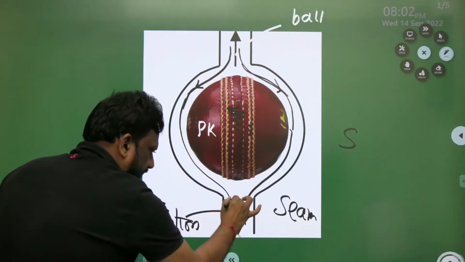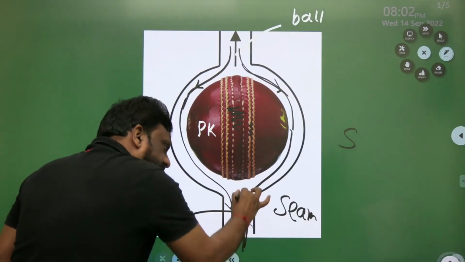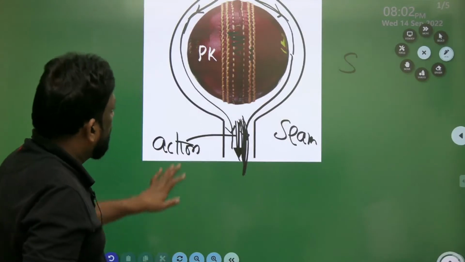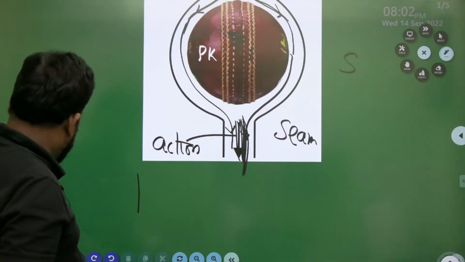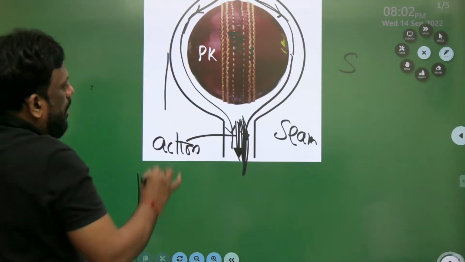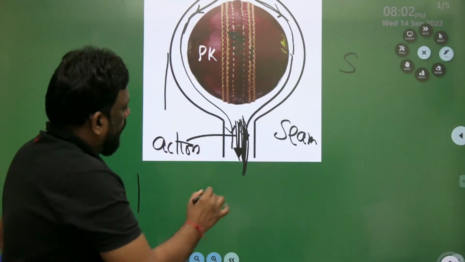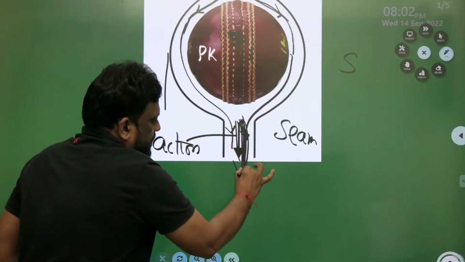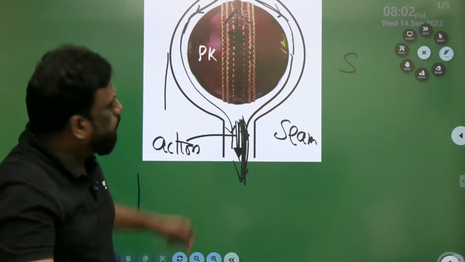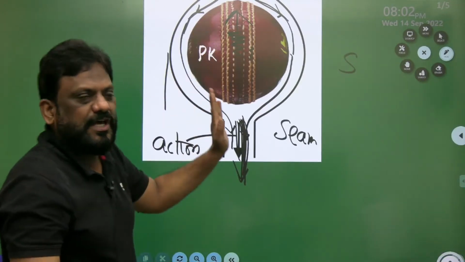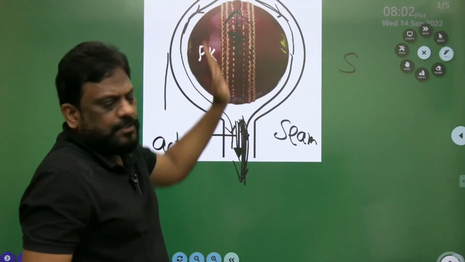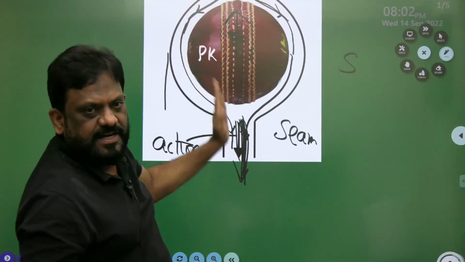As per Newton's third law, the reaction should be in the opposite direction. So if the air is moving like this, and this is the action, the ball will move in this direction, and both are exactly in the same direction. So there is no lateral movement of the ball. It exactly moves straight.